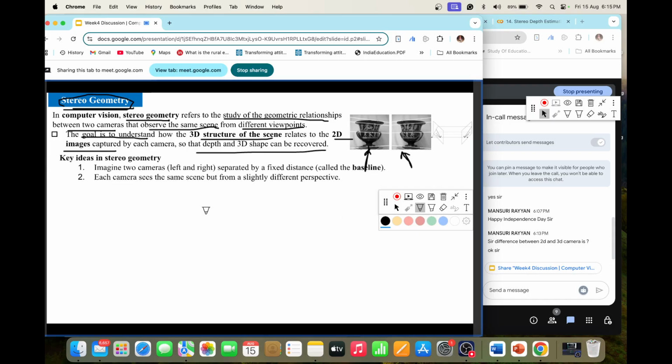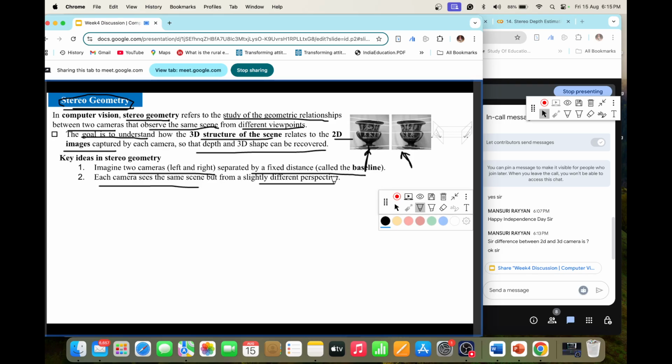So what are the key ideas in stereo geometry? Imagine two cameras, left and right, separated by a fixed distance known as baseline. Second, each camera sees the same scene but from a slightly different perspective. So these are the two key ideas of stereo geometry: there will be two cameras. One camera is known as the left camera, on the left side. One camera is known as the right camera, on the right side.